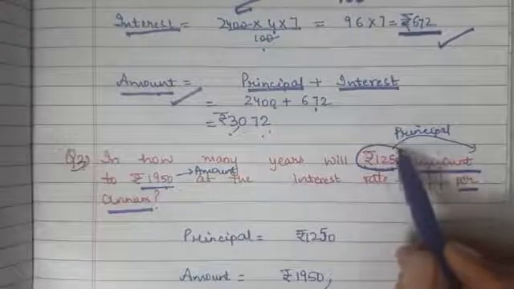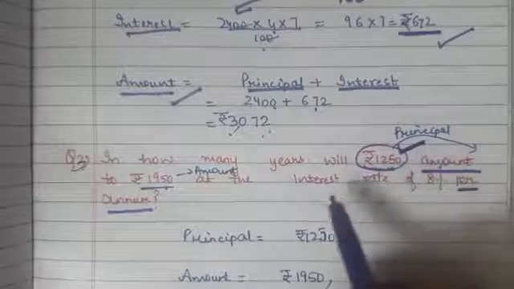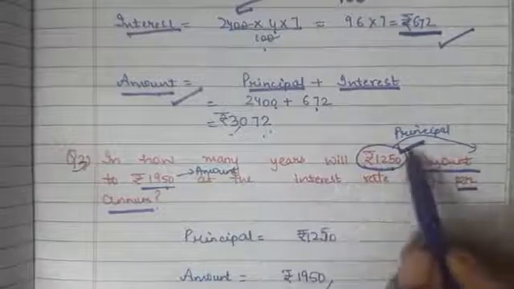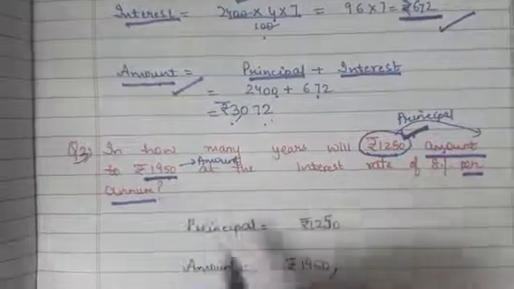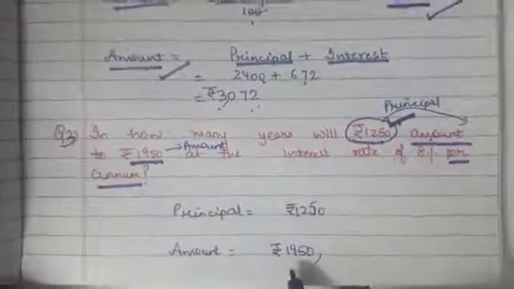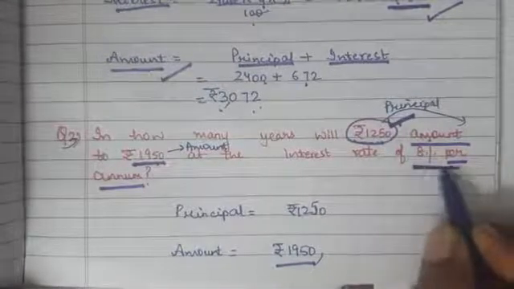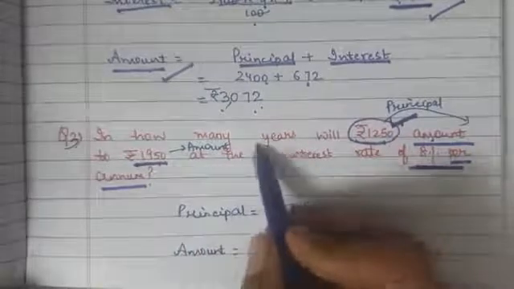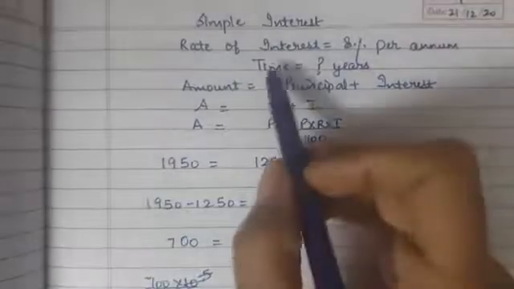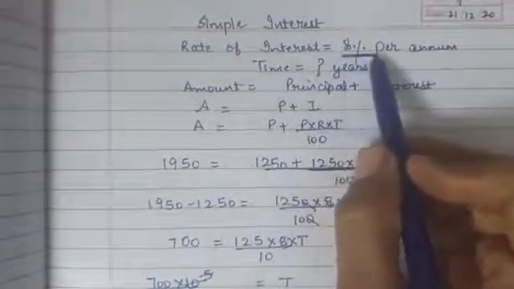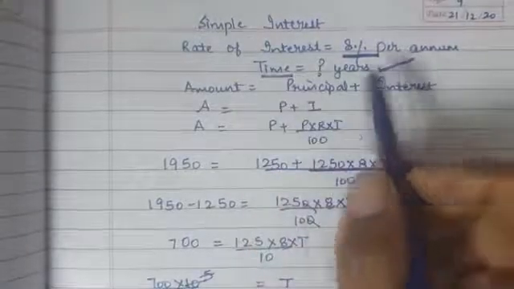Means it is very clear that the principal is this and in how many years this principal will become this. Means we need final amount, that is 1950. Now rate of interest is also given to you. You have to find out what? Time. Now rate of interest is 8% per annum. Time we have to find out.